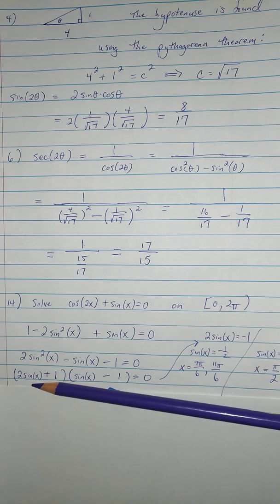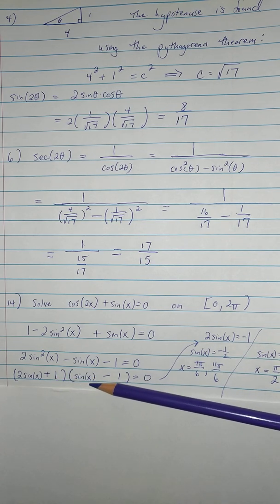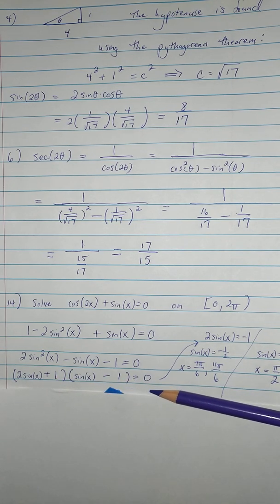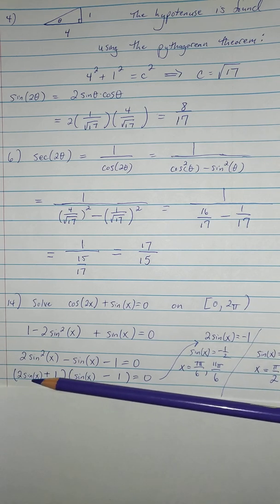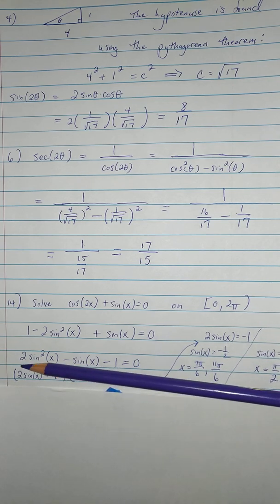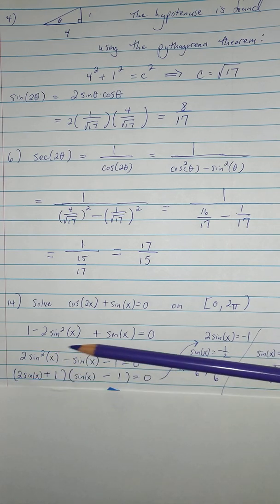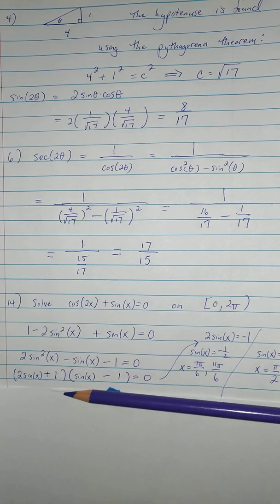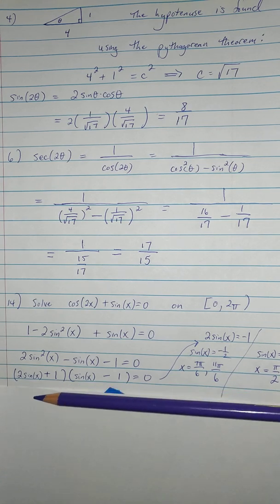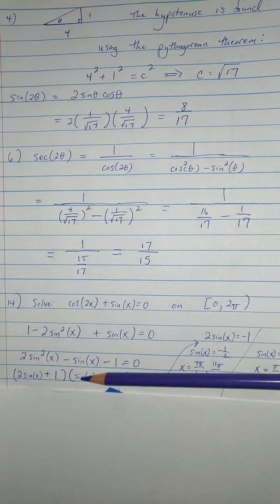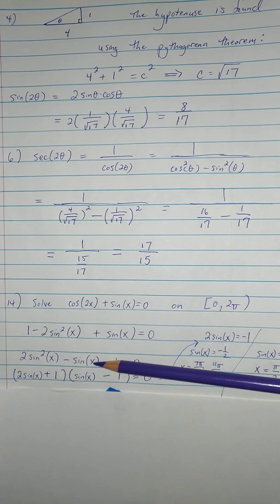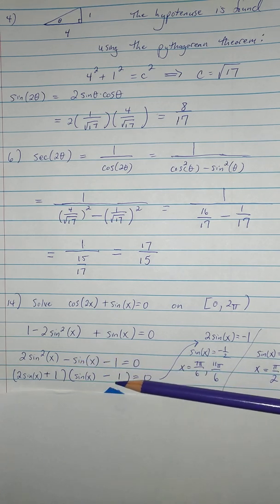I have 2 times sine x plus 1 times sine x minus 1 equals 0. And that's true because 2 sine times sine is 2 sine squared of x. 2 sine x times -1 is negative 2 sine x. 1 times sine x is 1 sine x. And when I add negative 2 sine x to positive 1 sine x, that gives me a negative sine x. 1 times -1 is -1.